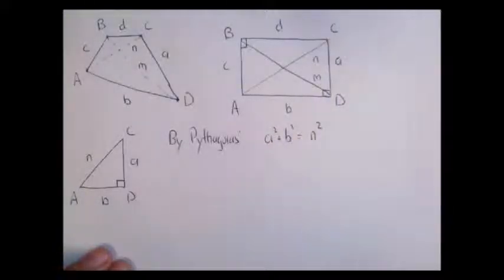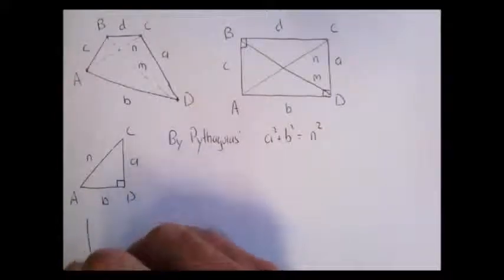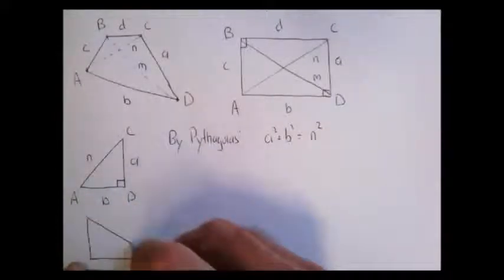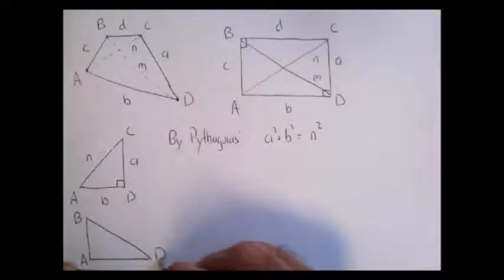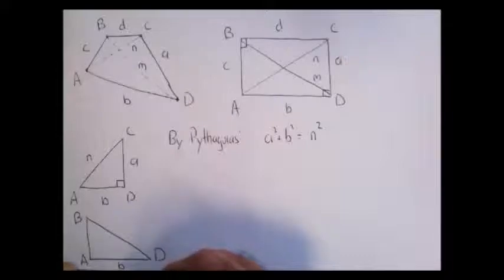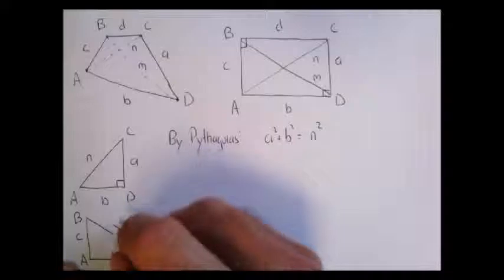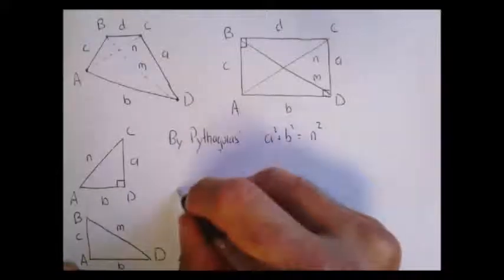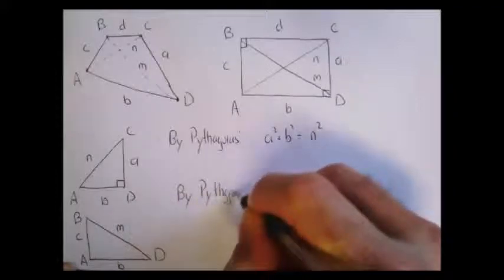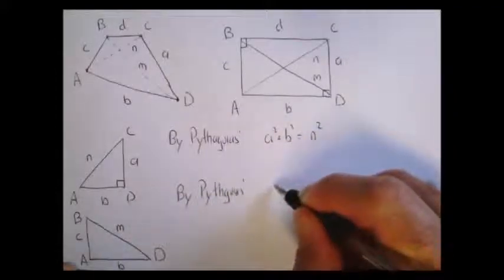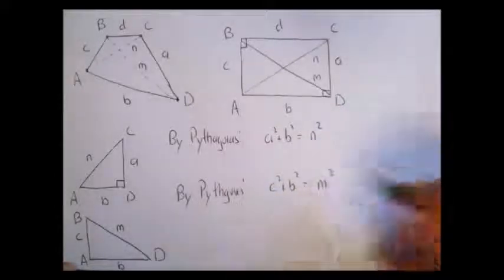So that's something. I guess in here I can see another triangle. Let's go this way this time. And so now I have B, C, and M. And again, by Pythagoras' theorem, I have c squared plus b squared is equal to m squared.